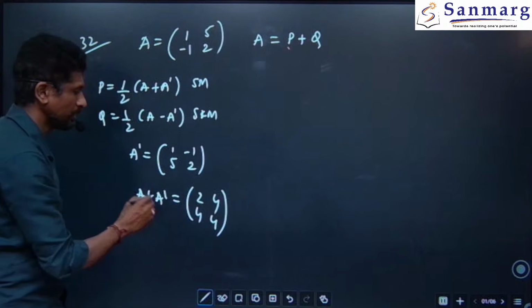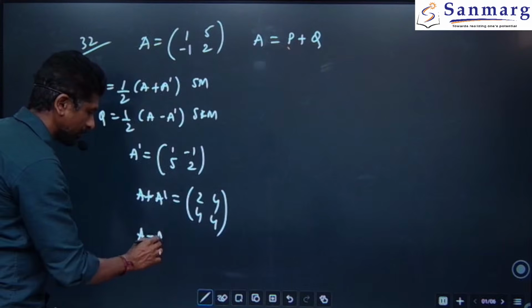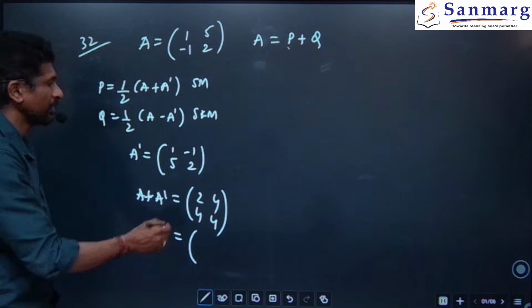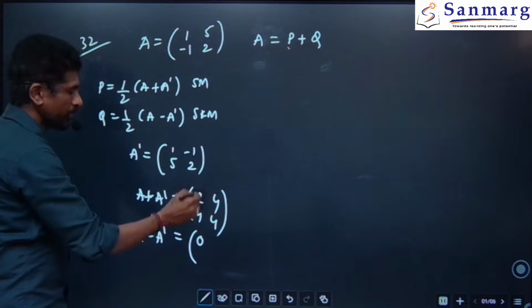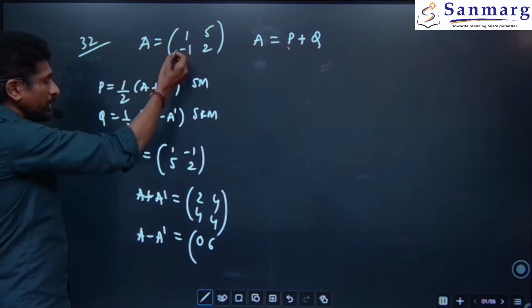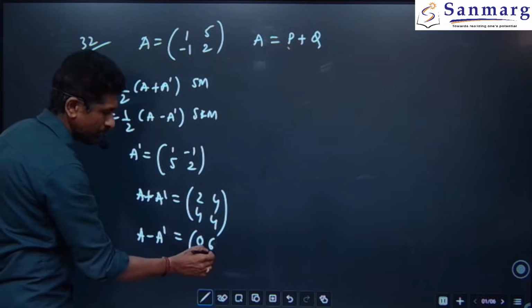Next, A minus A dash becomes, by subtracting the two matrices, 1 minus 1 is 0, 5 minus of minus 1 becomes 6, minus 1 minus 5 becomes minus 6, again 2 minus 2 is 0.